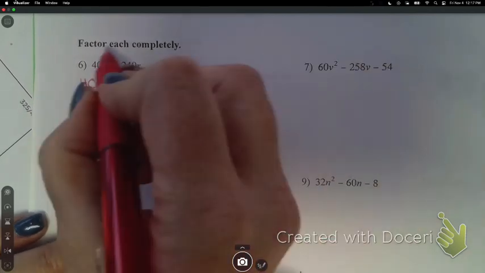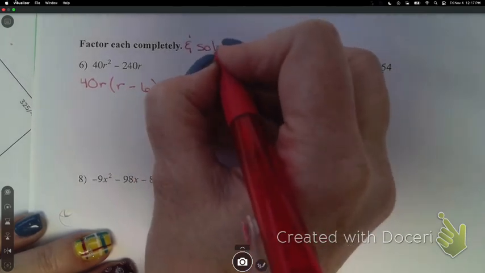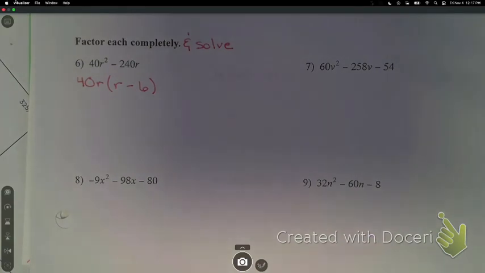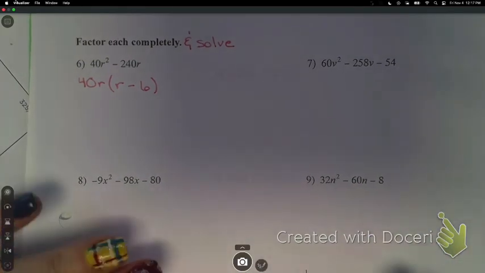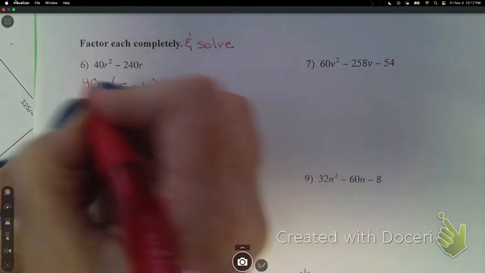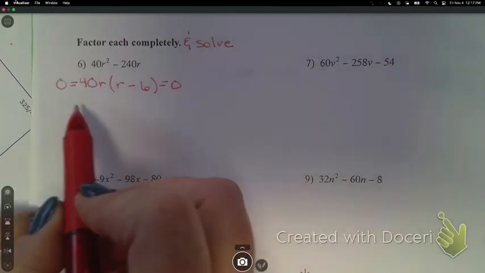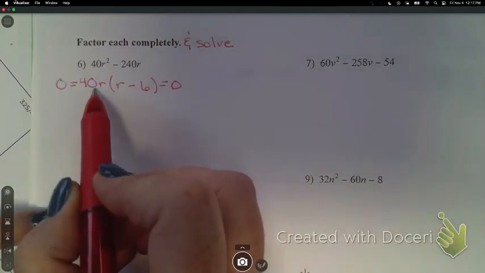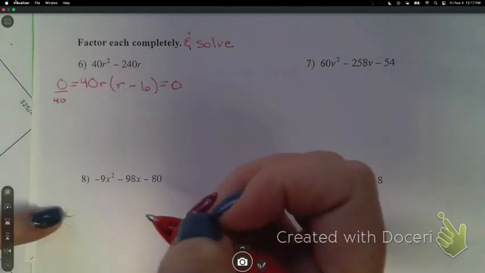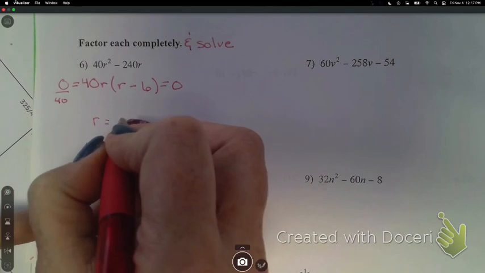Right here it says factor completely and solve. Okay, so now once I factored, I set both things equal to what? 0. So on the left, I would divide 0 by 40 and get what? 0 divided by 40 is 0.